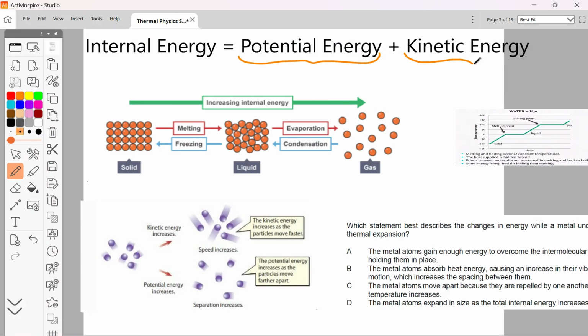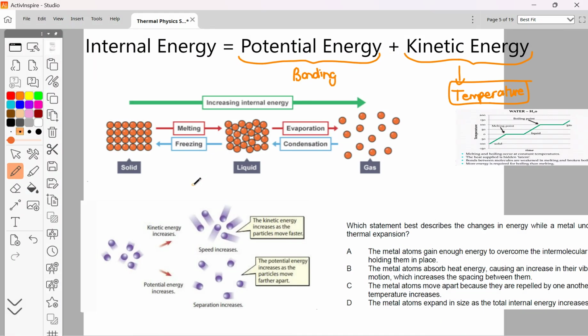And then the kinetic energy because of their movement. And it's the kinetic energy that is linked to the temperature. Please remember that. Because if the temperature is increasing, it is the kinetic energy of the particles that is increasing. They're moving faster. The potential energy is changing. That has got to do with the bonding and what's happening in between the particles.